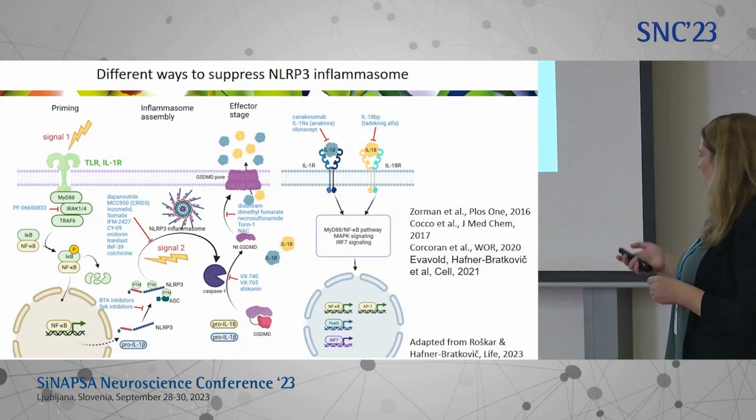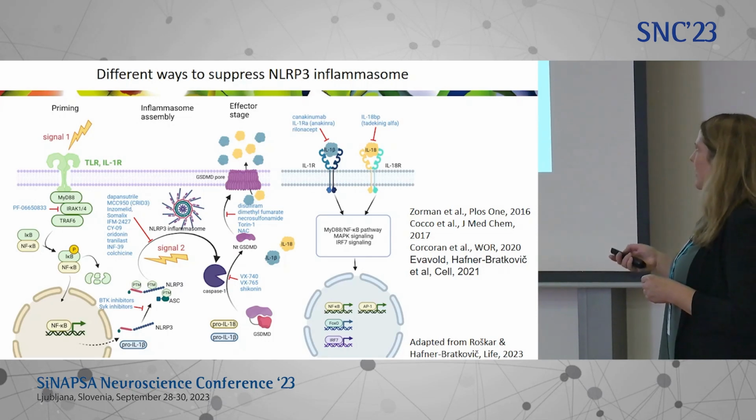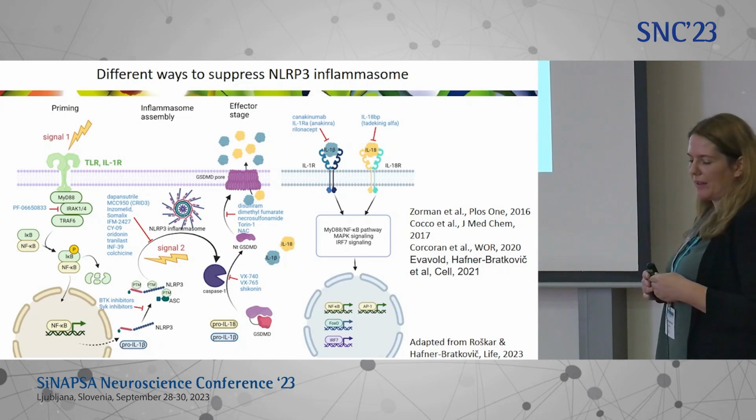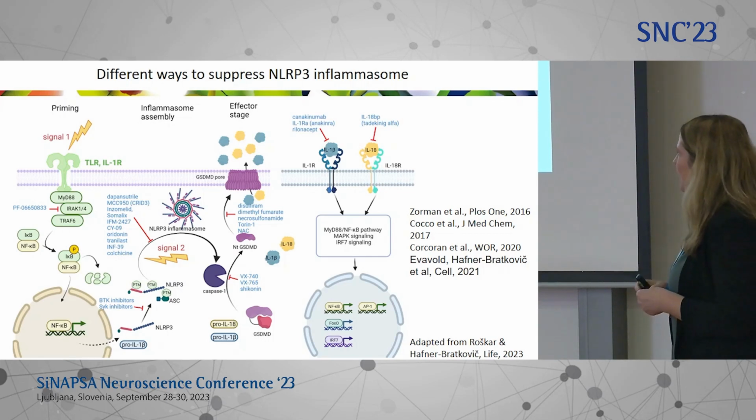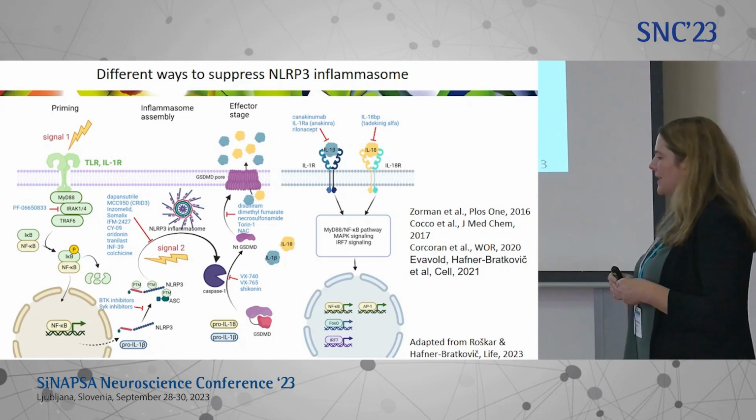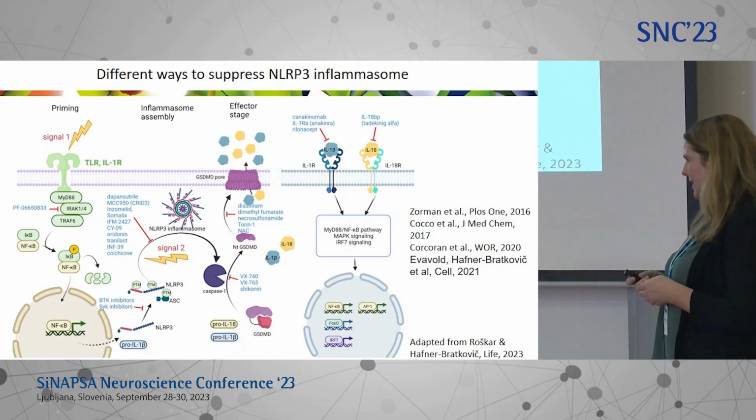With all these different things that we could do, I'm really hopeful that in the near future, if these trials go well, there will also be trials that tackle NLRP3 in some of the neurodegenerative diseases.